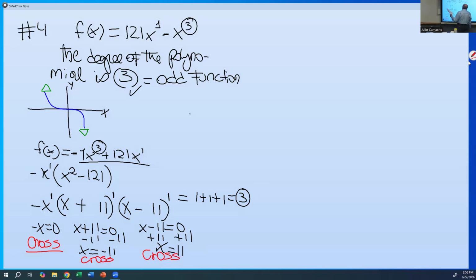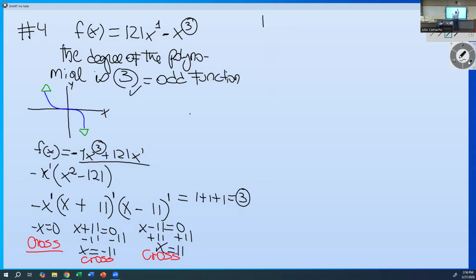So we found so far the degree, the end behavior, the zeros, and the multiplicity. Let me change color. Sorry.